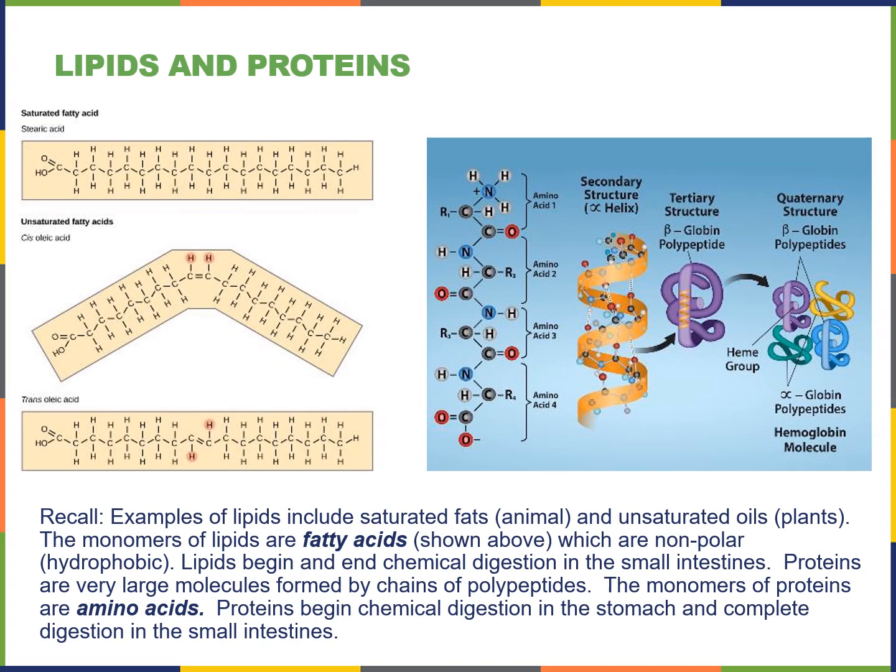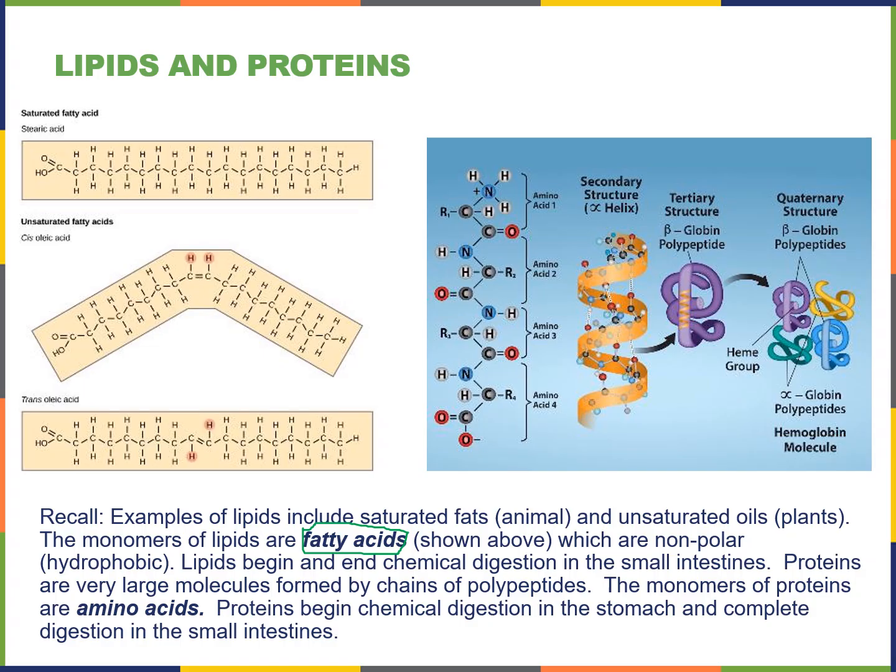Now, on the slide, the only thing I want you to sort of remember is that lipids, the breakdown product, are fatty acids. You can read the other information, yes, because you do need to know that, but the focus here is, when we consume fat, for example, butter, what is the end product? The end product should be fatty acids.